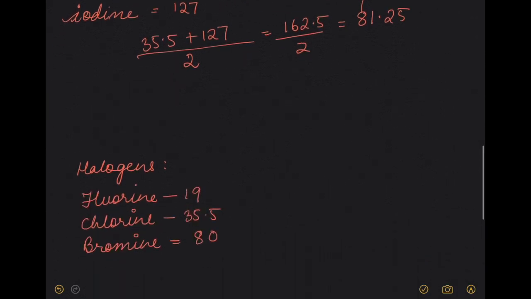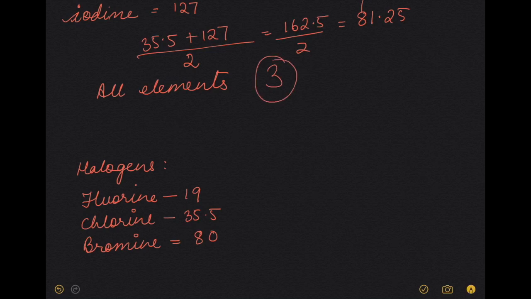Why? Because all elements at that time could not be arranged in threes. That is Dobereiner's triads. Next, the law did not apply even within the same family.